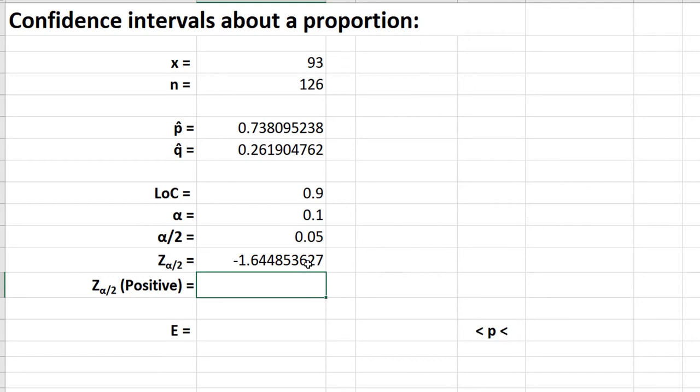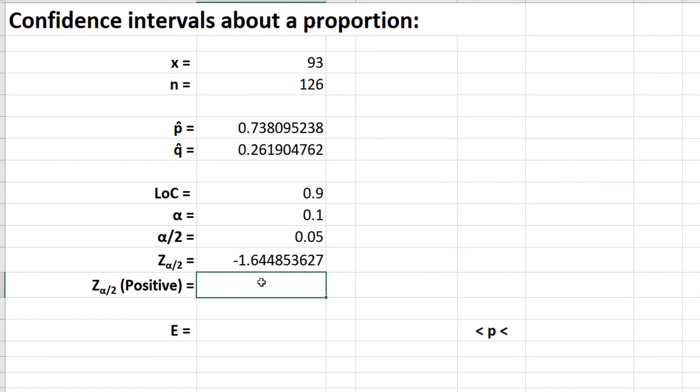Now that gives me a negative value, which I approximated on the wording as 1.645. But if you see 1.6448, this 4 would round up to 5. But again, this number is negative, so I am going to make it positive. In other words, I really just want the positive result, so I take the absolute value.